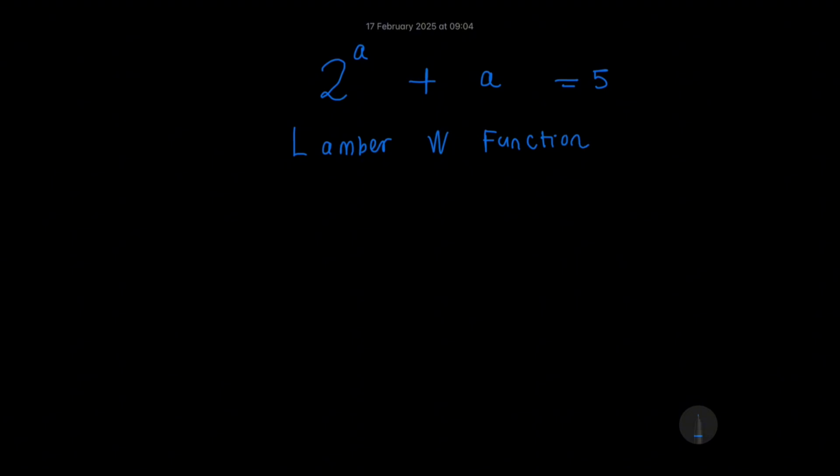It says that the Lambert W function of something multiplied by e to the power something equals that something.